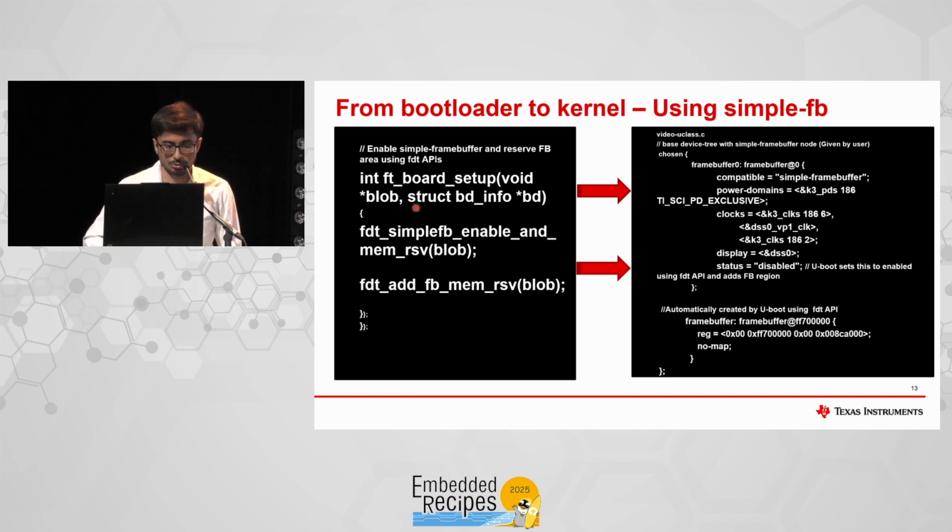And in U-Boot, you can call this API, which will dynamically update the framebuffer node with the framebuffer address and size and switch the status to enabled. It will also create a reserved framebuffer memory node with the address that was set by the bootloader. And if you don't want to use the simple framebuffer, then you can directly call this API to just reserve the framebuffer.